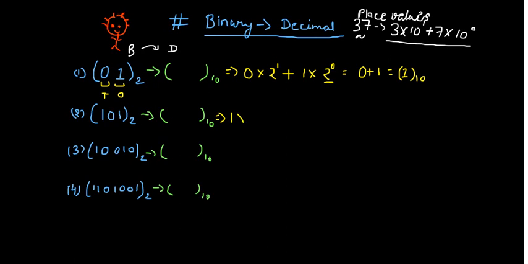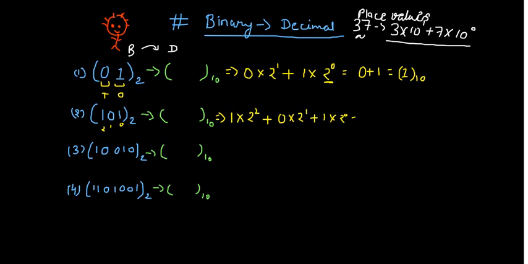1 multiply 2 to the power 2, because you can write the positions like 0, 1, 2. It will give you a little bit of convenience when you are starting out. Plus 0 multiply 2 to the power 1, plus 1 multiply 2 to the power 0.